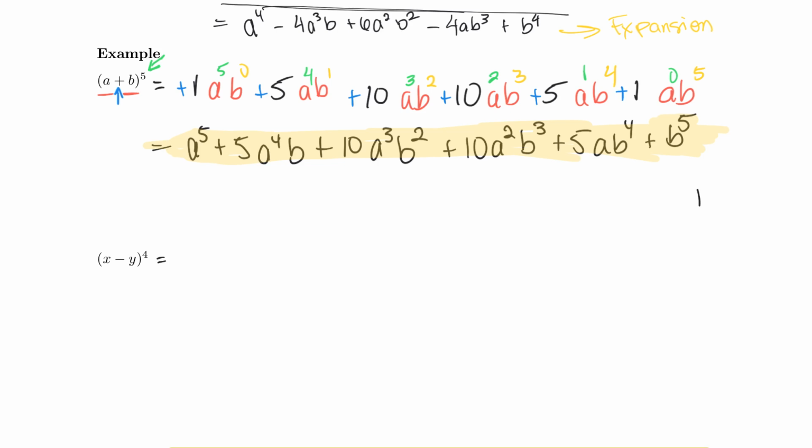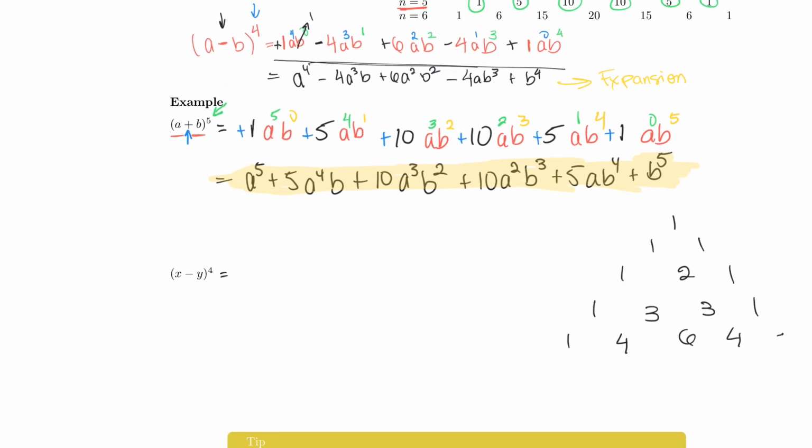We have 1, and then we have 1 and 1, and then we have 1, 2, and 1, and we have 1, 3, 3, and 1, and then we have 1, 4, 6, 4, and 1.